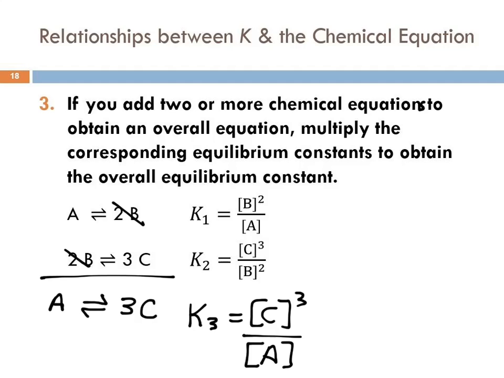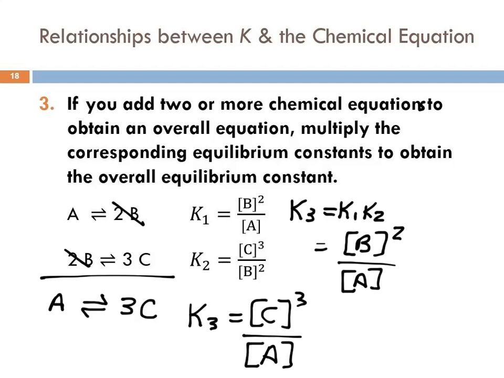So K3 will be equal to K1 times K2. K1 is B squared over A, and K2 is C cubed over B squared. And what happens to the B squared? They cancel out. B squared over B squared is 1. And we're left with C cubed over A.